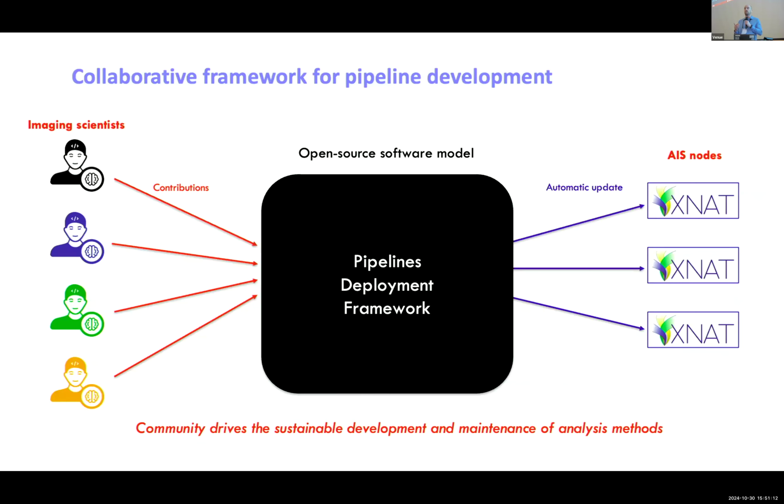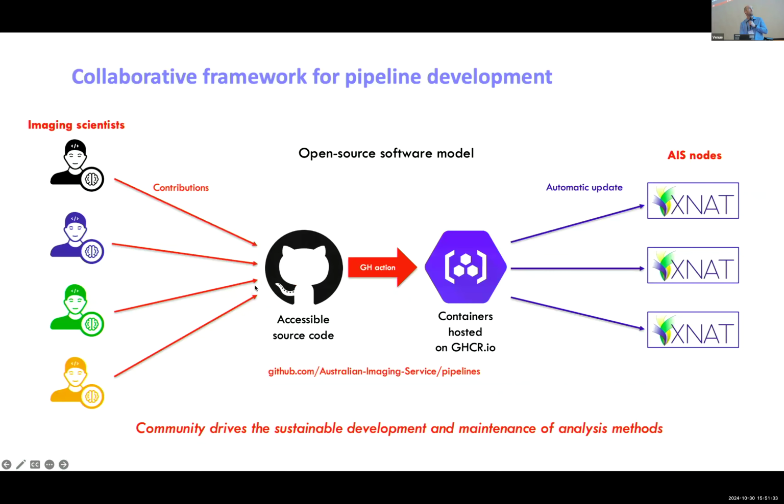So what we did instead was to create a deployment framework which makes it easy for users to contribute their own pipelines, which we can then look to migrate into the curated side of the library. We did this using GitHub, where we have simple YAML-based recipes to build these containerized workflows, which then get automatically pushed out to each of the nodes in the federation.